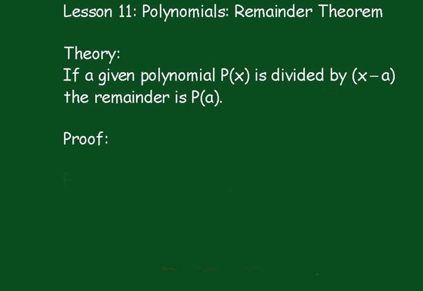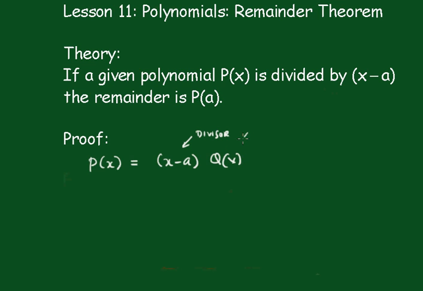We'll set it up, and we'll say that our polynomial p(x) will be equal to x minus a. Remember, that's the divisor, times, well, I don't know what it is, but something like q(x).